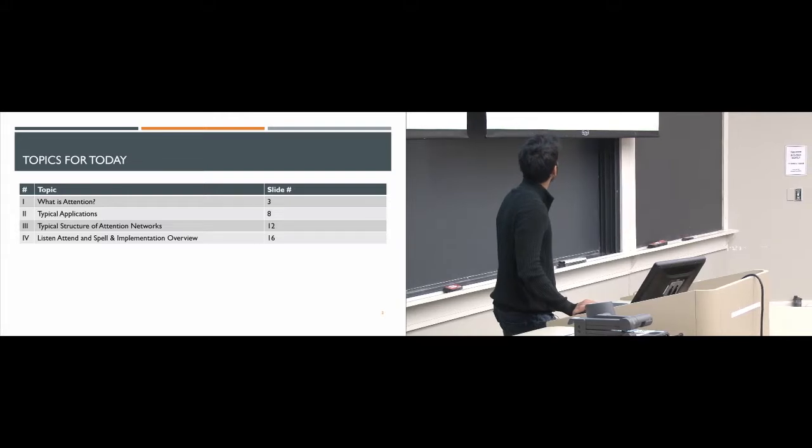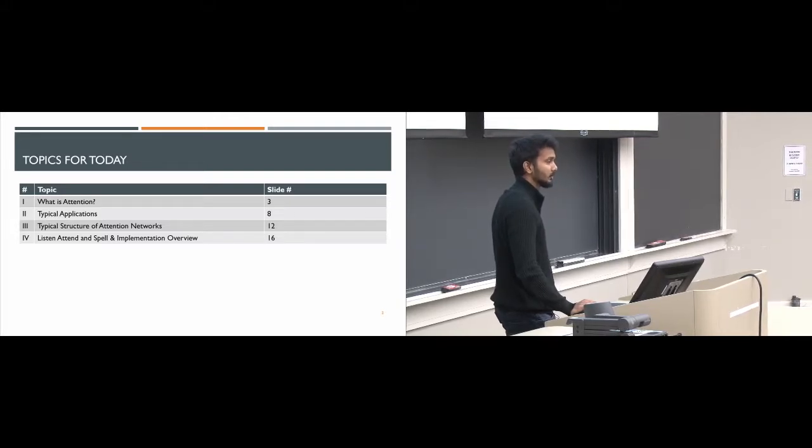Then we'll look at a typical structure of attention networks. Attention networks usually have an encoder and a decoder, so we'll be going over it. We'll also go over the troubles that you might face while implementing these networks. And at the end, we'll do a really nice overview of the LAS paper that you'll be implementing in the coming homework.